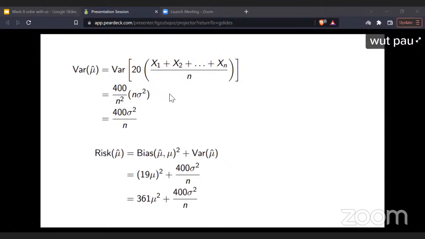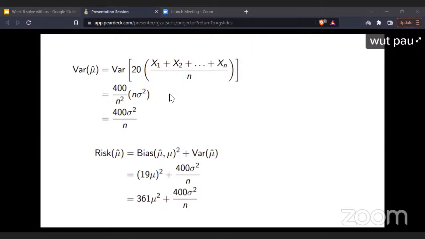Error is theta hat minus theta, and bias is the expected value of error, and risk is the expected value of the square of error. That's why it is called mean square error, right?